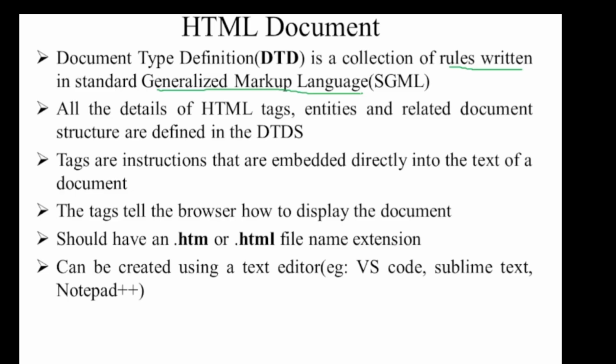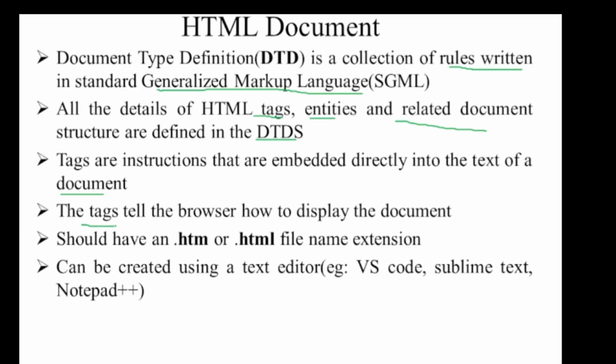There is a standard for every HTML document. All the details of HTML tags, entities, and related documents are structured according to the document type definition standard. In this standard, tags are instructions embedded directly in the document, like that.